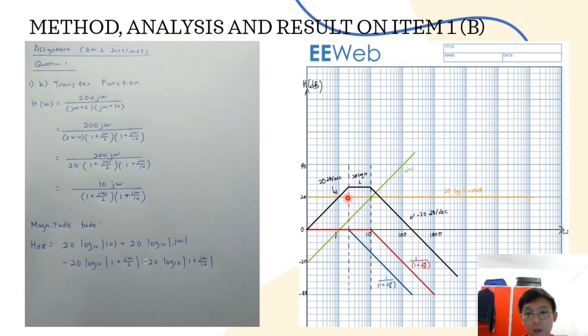After this, we can see the black line here is a constant line. Why? Because we refer to frequencies from 2 until 10. When we draw the black line, the starting point here is 20 dB. But instead of keeping it, to make it constant, which is 0, we need to minus 20 dB.